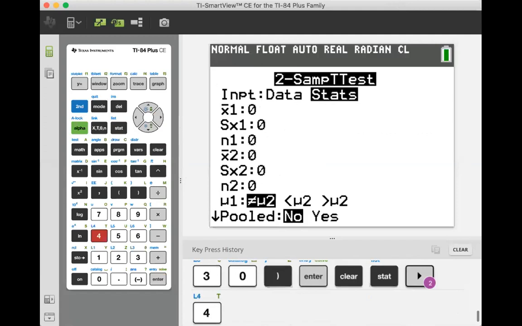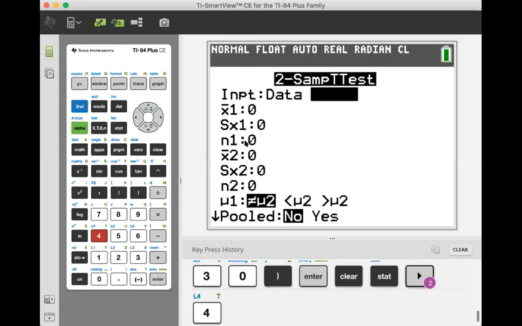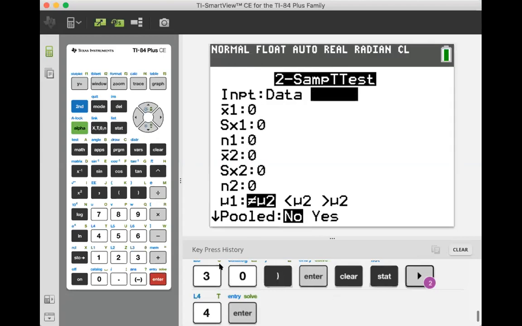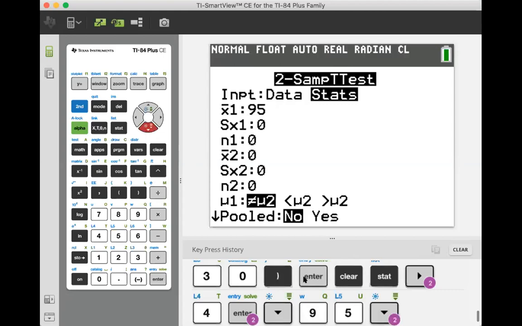Okay, so we've got 95, 14, and 23. And enter. Oops, I'm going to use the down arrow. 95, 14, and 23.